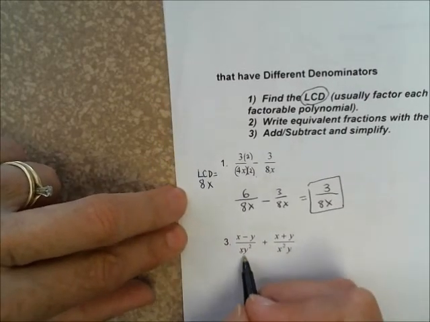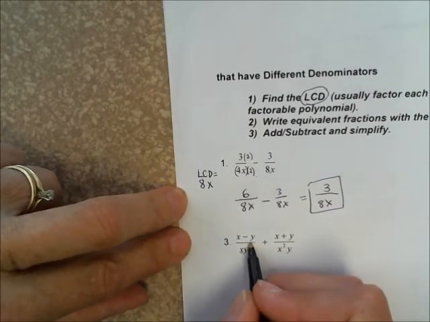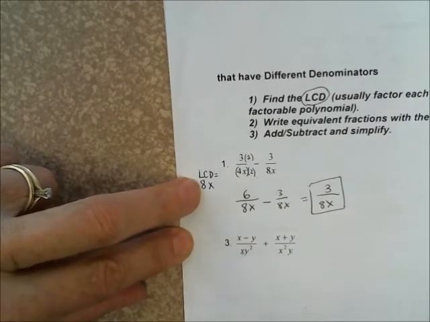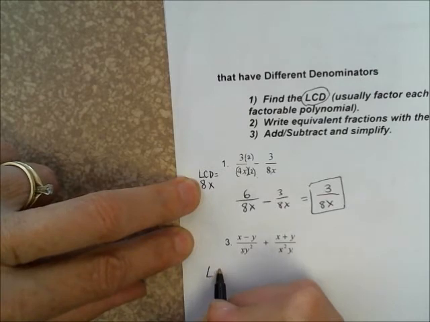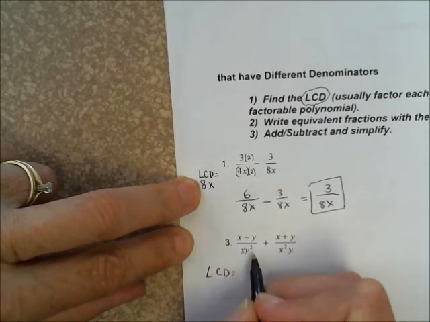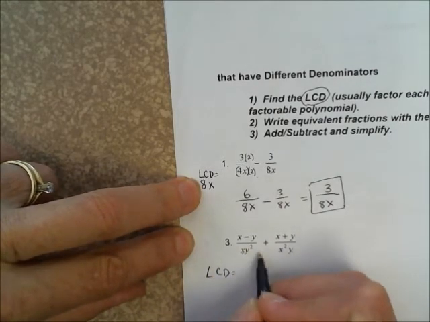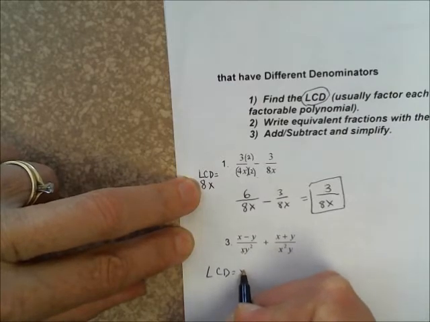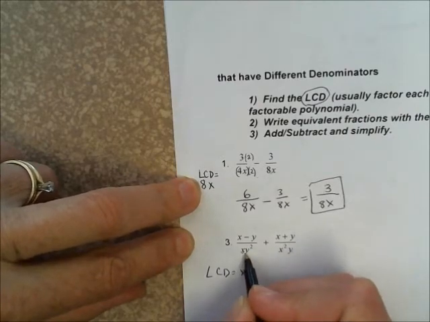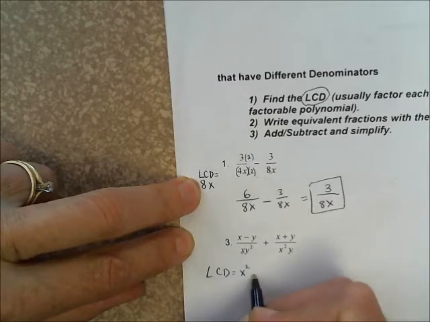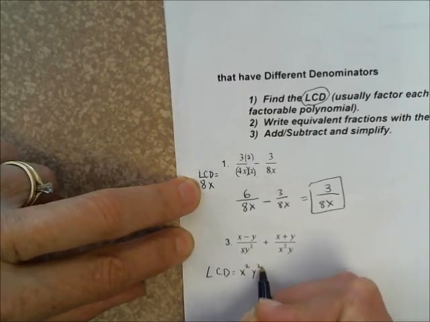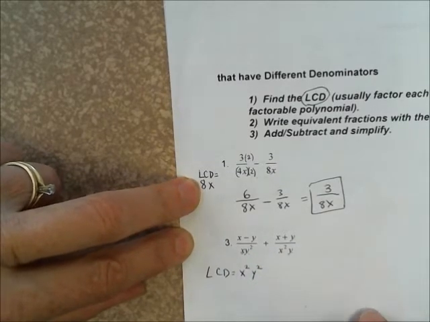So what we're really doing is we're going to try to find the biggest exponent, and we're going to make that part of our LCD. The biggest exponent between an x and an x squared is an x squared. The biggest exponent between the y squared and the y is a y squared. So there's our LCD, x squared, y squared.